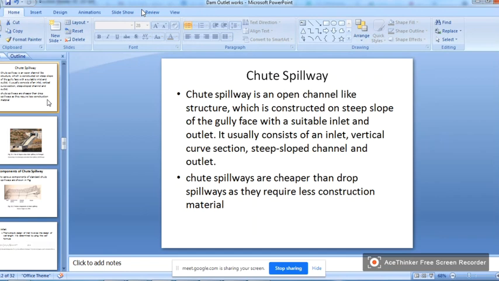It is an open channel-like structure constructed on a steep slope of the gully face with a suitable inlet and outlet. It usually consists of an inlet, vertical curve section, steep slope channel, and outlet. Chute spillways are cheaper than a drop spillway as they require less construction material.